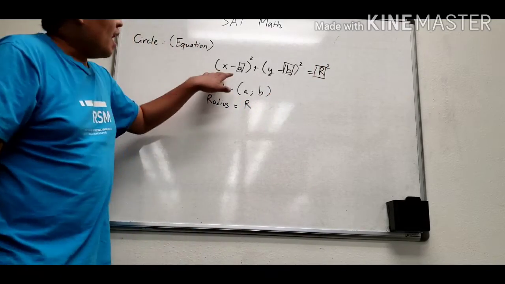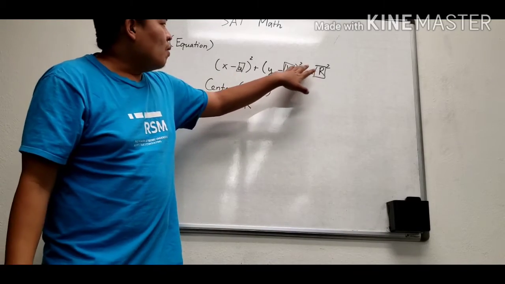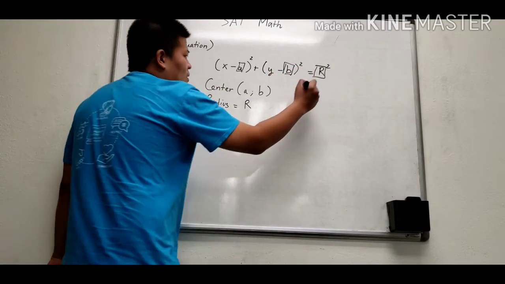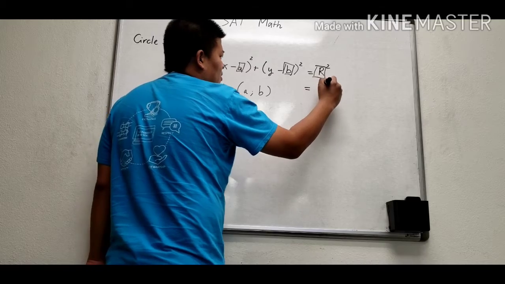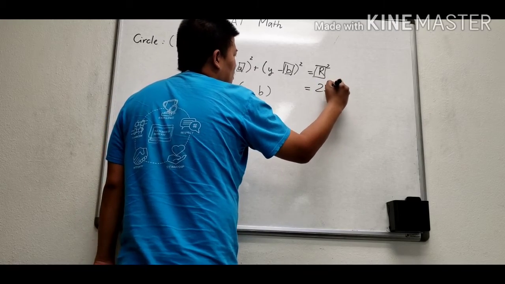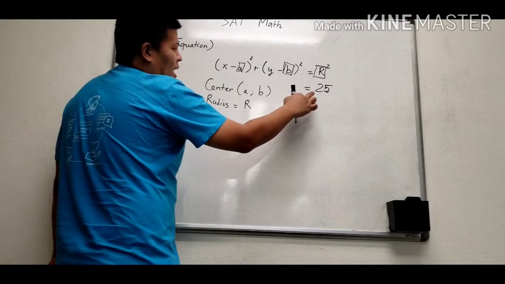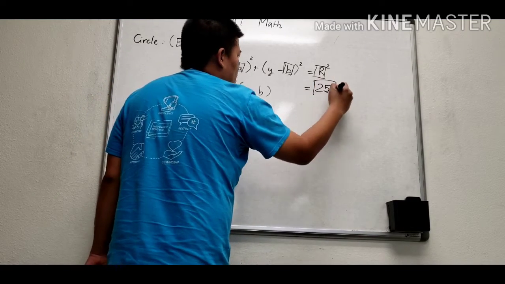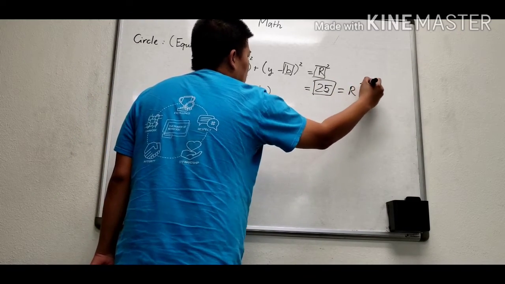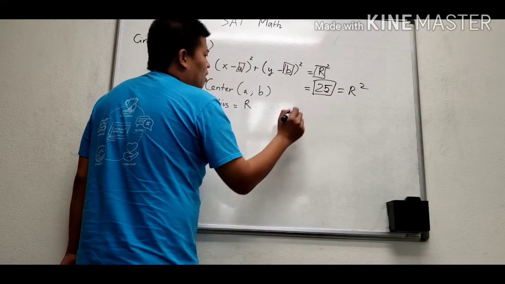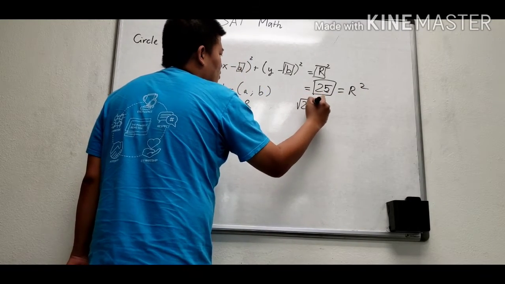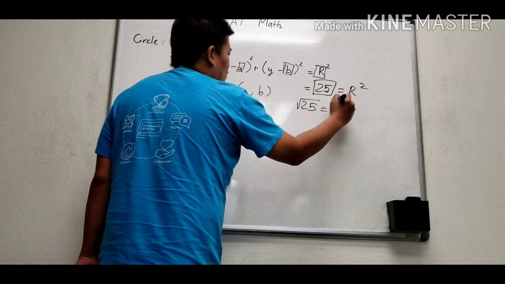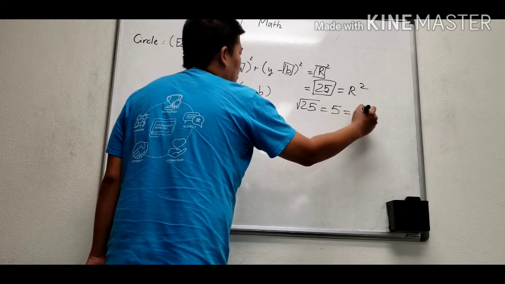If the question has the equation, and we can see the number on the right is 25, something like this, this is the radius, but it is squared. 25 is r squared. So if you want to find r, you take the square root of 25 and you get 5, and this is r.